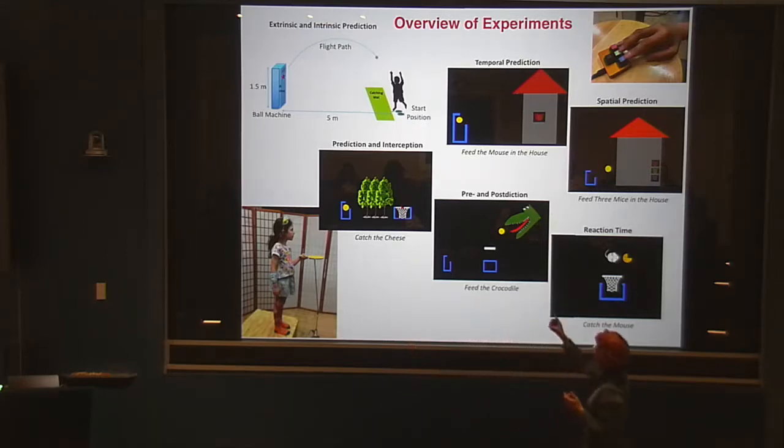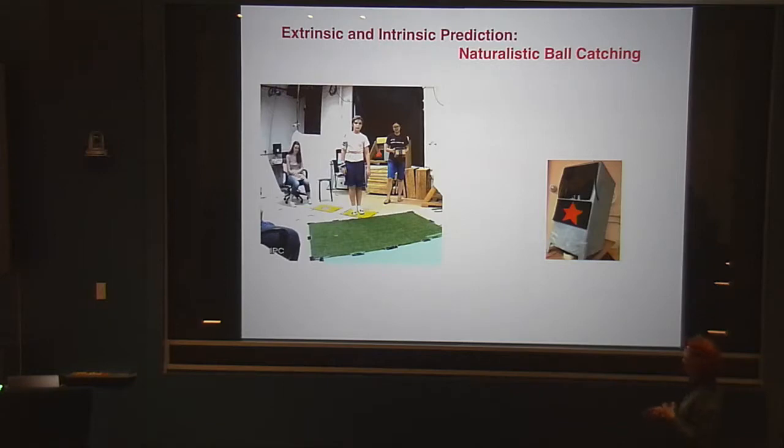We can test prediction and interception, pre- and postdiction. And lastly, as a control task, reaction time in the same setting, to account for alternative causes for motor impairment. So let's begin with our very realistic catching.